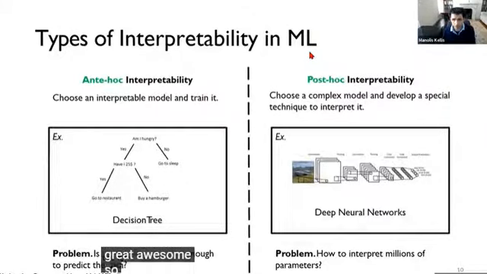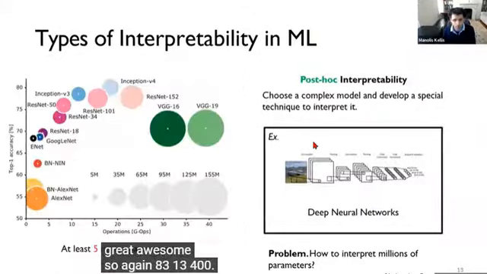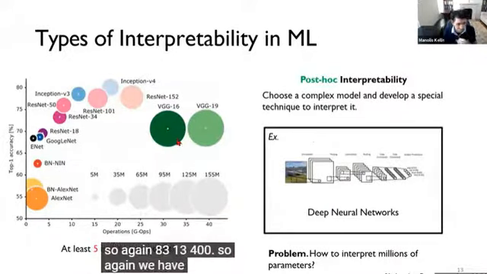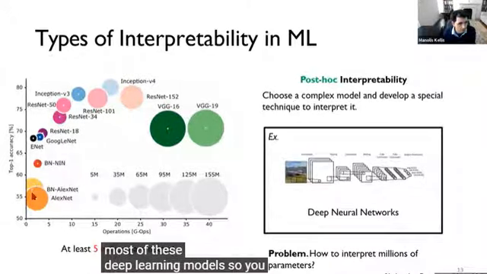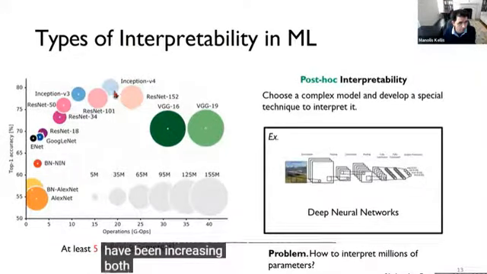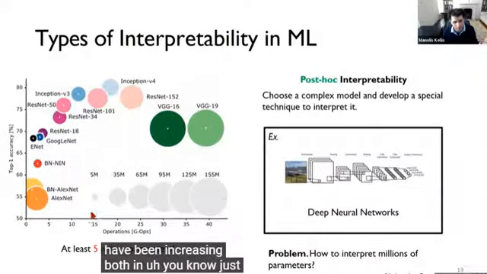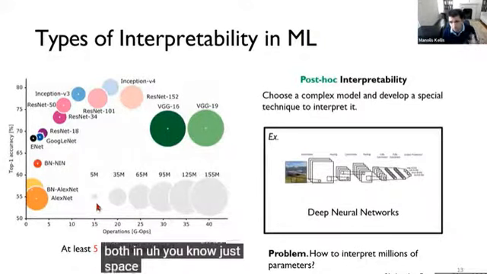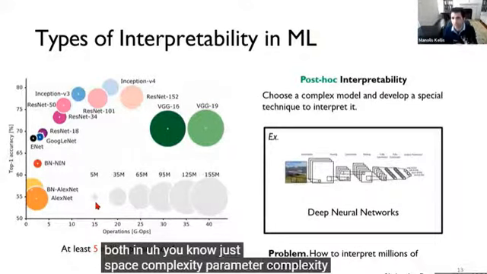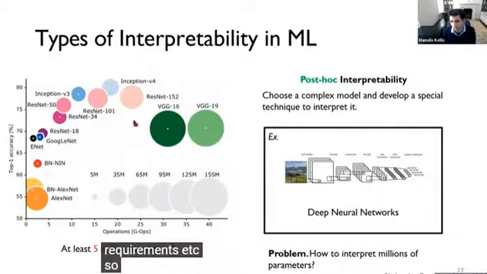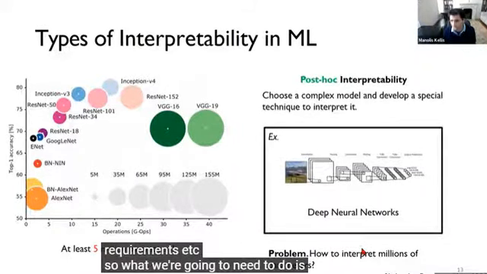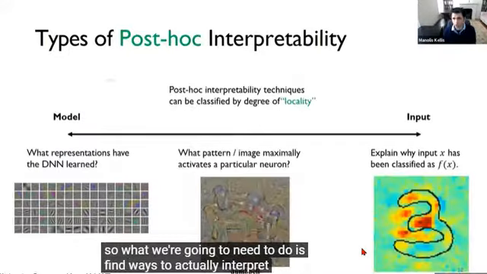Awesome. So again, we have millions of parameters for most of these deep learning models. These have been increasing in space complexity, parameter complexity, training complexity, data set requirements, etc. So what we're going to need to do is find ways to interpret those.